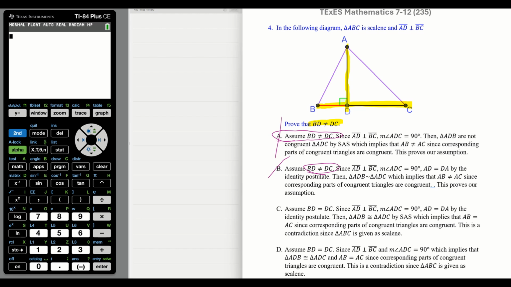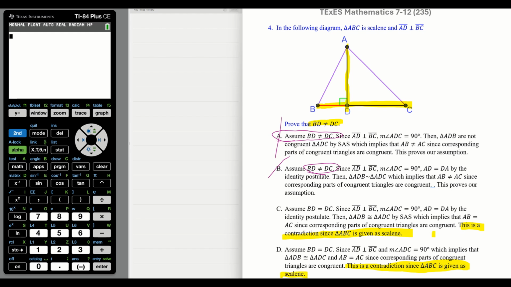Now, if we state the opposite or the false, then our proof that we're trying to select must say at the end that they have a contradiction. So let's check that. This is a contradiction because it's scalene? Yes. Okay, this is a contradiction. Yes, so they both have the same thing. So I agree with both those.